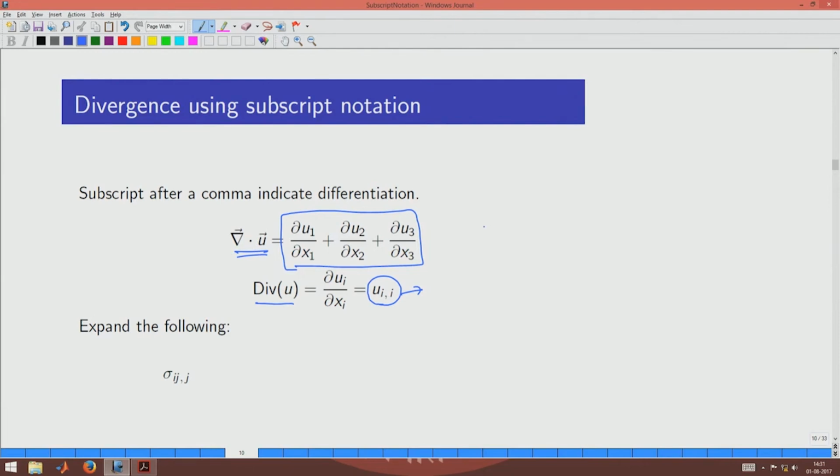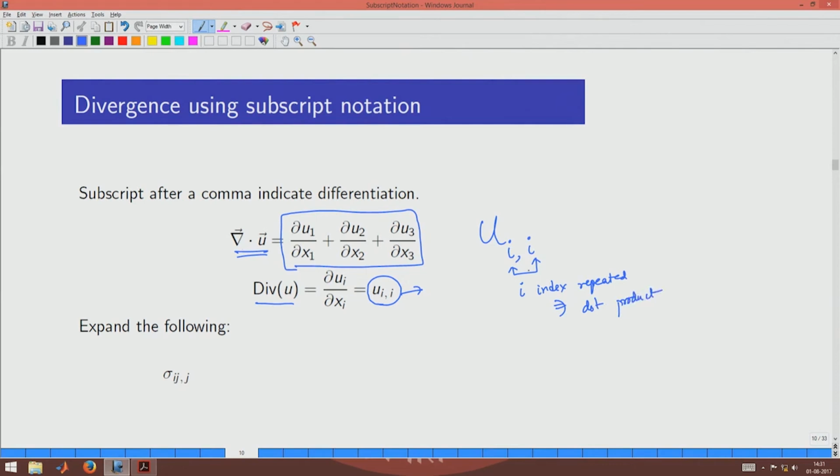So the way it is implied is as follows. When you write something like u i comma i, the fact that there are repeated indices, okay, so the i index being repeated, implies that we are talking about a dot product here. Okay, so there is a dot coming in there.